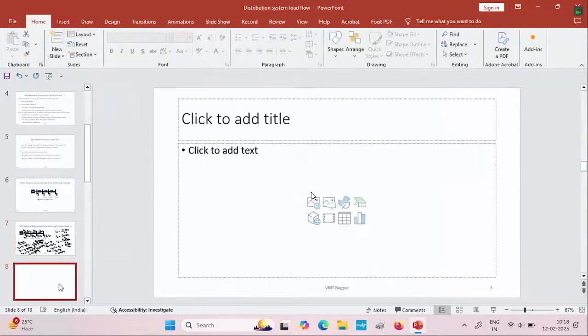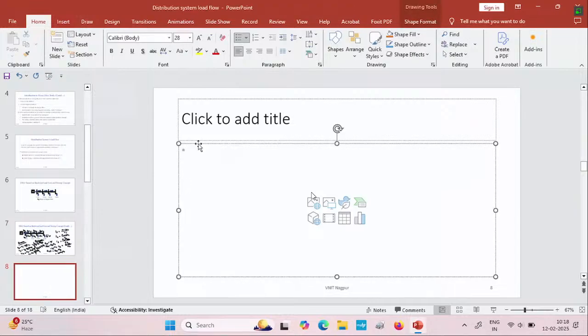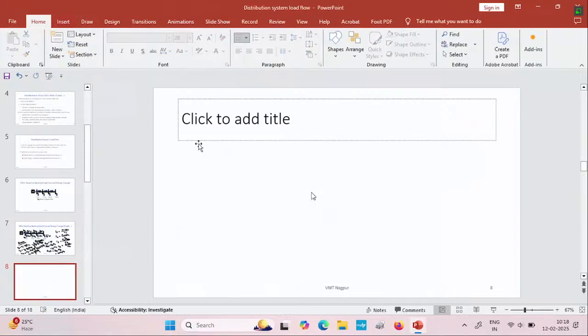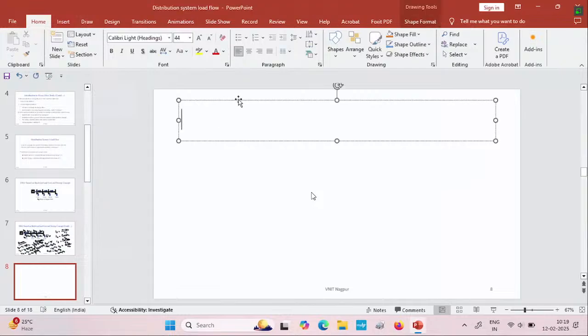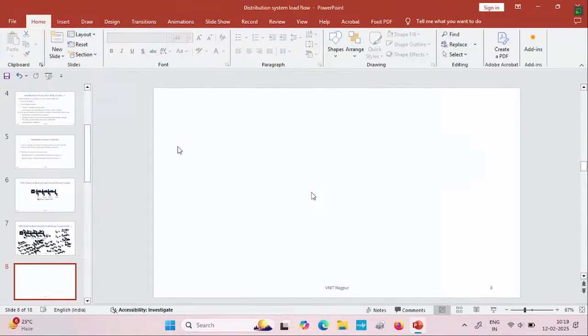Now if we move a little further, initially we calculated stepwise. The first step was the assumption of voltage. The second step was the calculation of branch current.